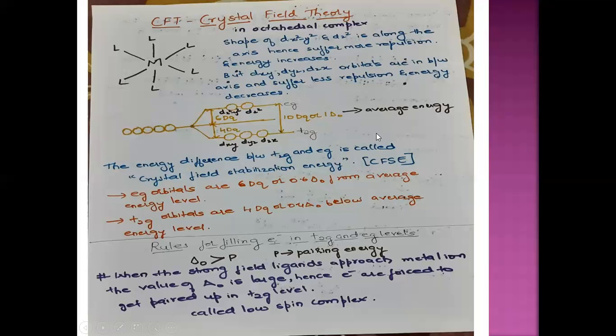The difference in energy is expressed either in delta naught or Dq. In terms of delta naught, it is 0.6 delta naught for average energy and Eg level, and 0.4 delta naught for T2g and average energy level. In terms of Dq, it is 6 Dq and 4 Dq.